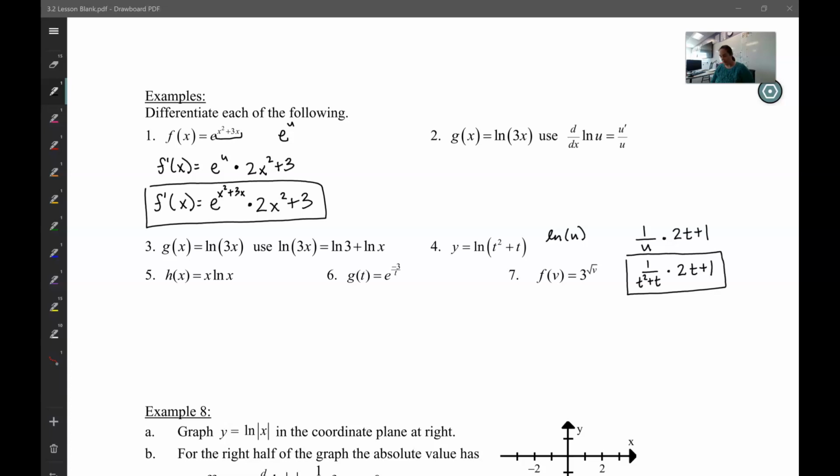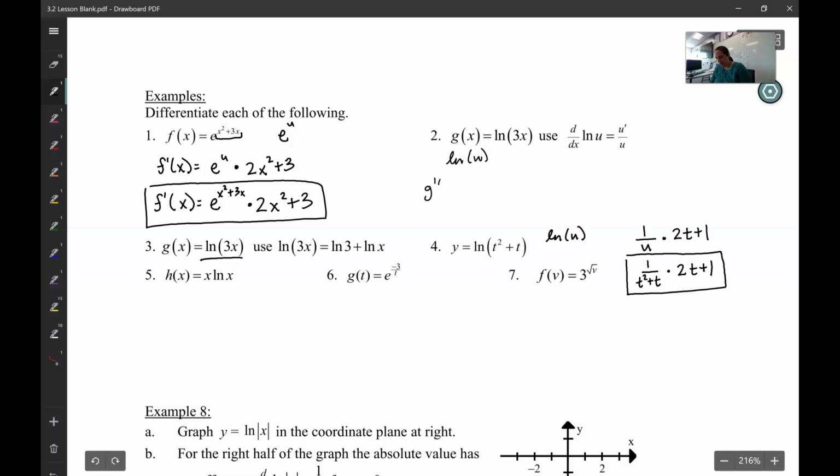Now let's talk about number 2 and number 3. Number 2 and number 3 are very interesting because you'll notice they're the same exact problem. We're just going to solve this problem 2 different ways. The first way, we're going to use the chain rule. So my mommy is ln of u.